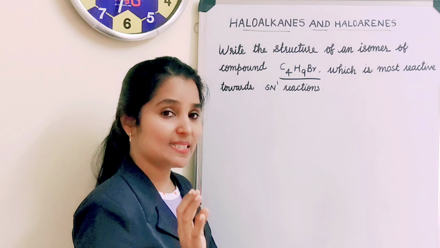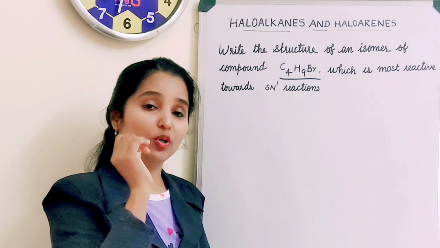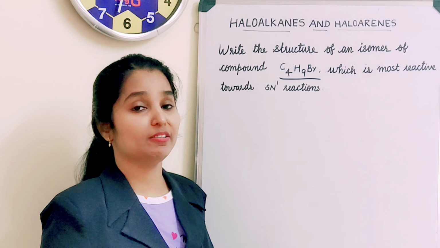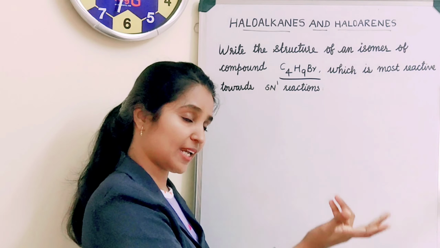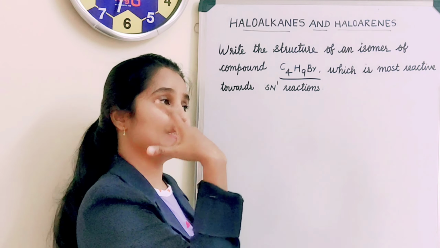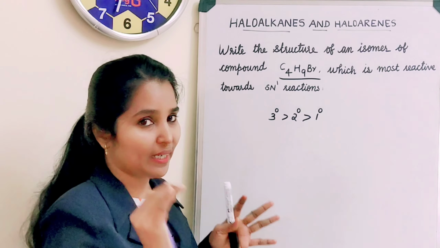This question is speaking about SN1 reaction and its reactivity. And you know very well, in the case of SN1 reactions, tertiary halides are more reactive than secondary halides, and secondary halides are more reactive than primary halides. So the order is tertiary greater than secondary greater than primary. This is the order of alkyl halide reactivity in SN1 reactions. That we have to keep in mind.